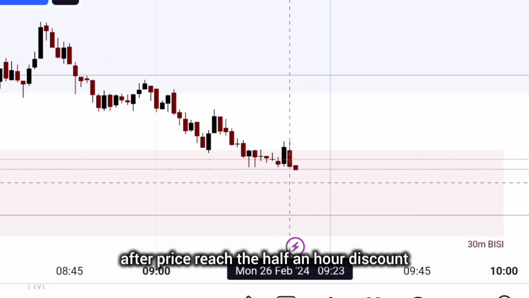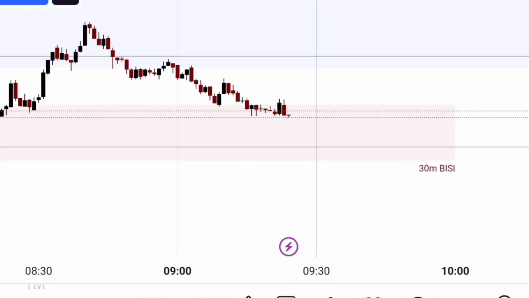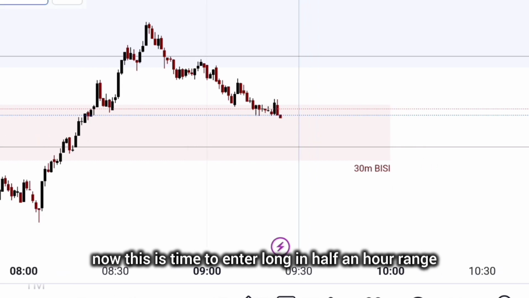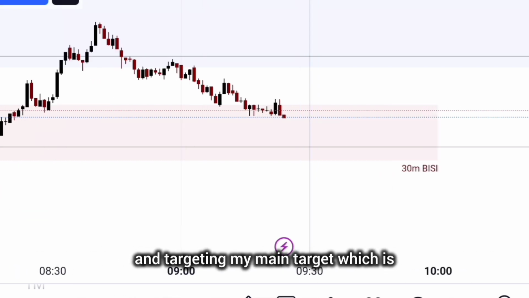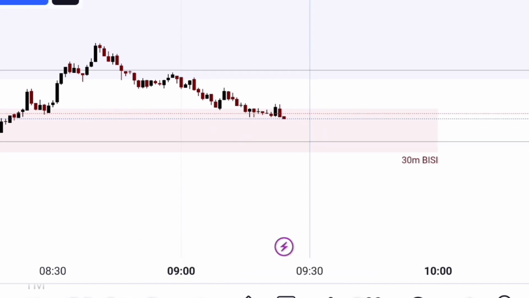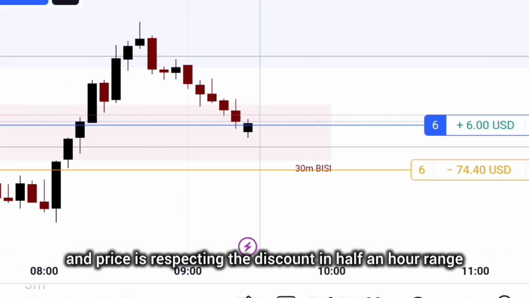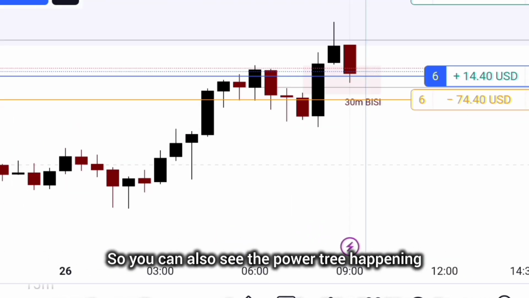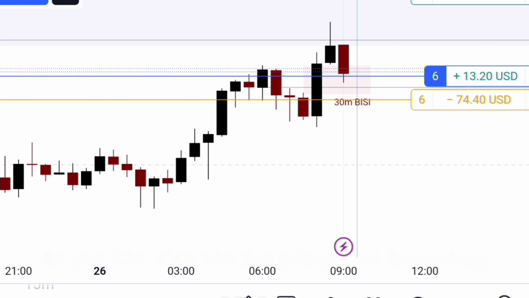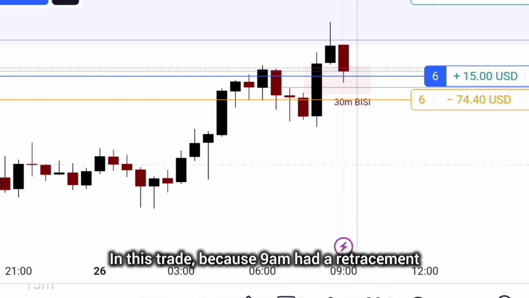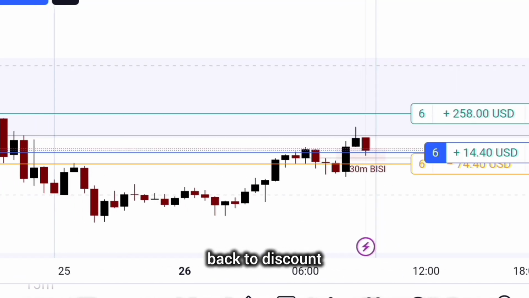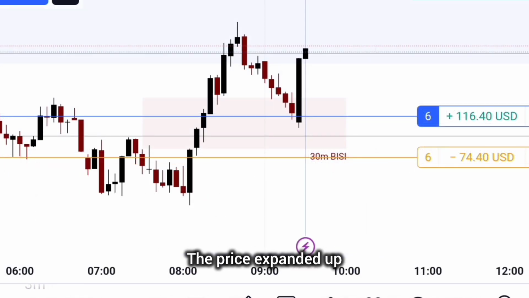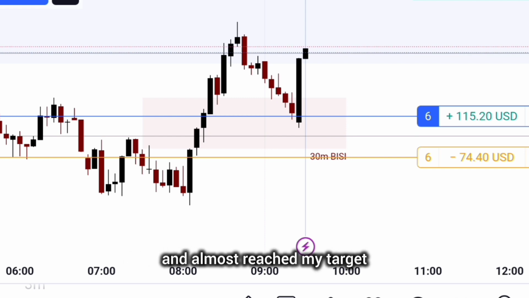After price reached the half an hour discount, now it is time to enter long in the half an hour range and target my main target, which is in buy side. As you can see, I entered long and price is respecting the discount in the half an hour range. So you can also see the power of three happening in this trade because 9 a.m. had a retracement back to discount and close to 9:30 price expanded up and almost reached my target.